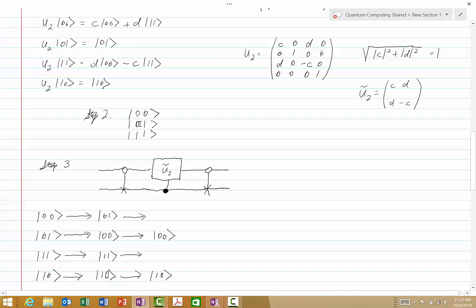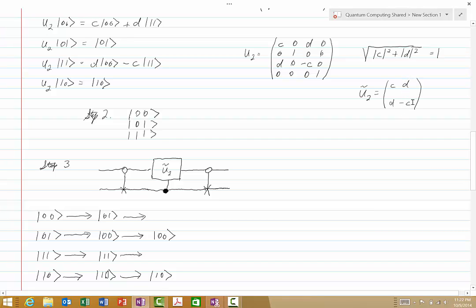In the next to last step and the last step, we go from 0 to 1. So that means that this matrix is in the usual order. This first column describes the effects of U2 tilde on the 0 vector, and the second column describes the effects of U2 tilde on the 1 vector.